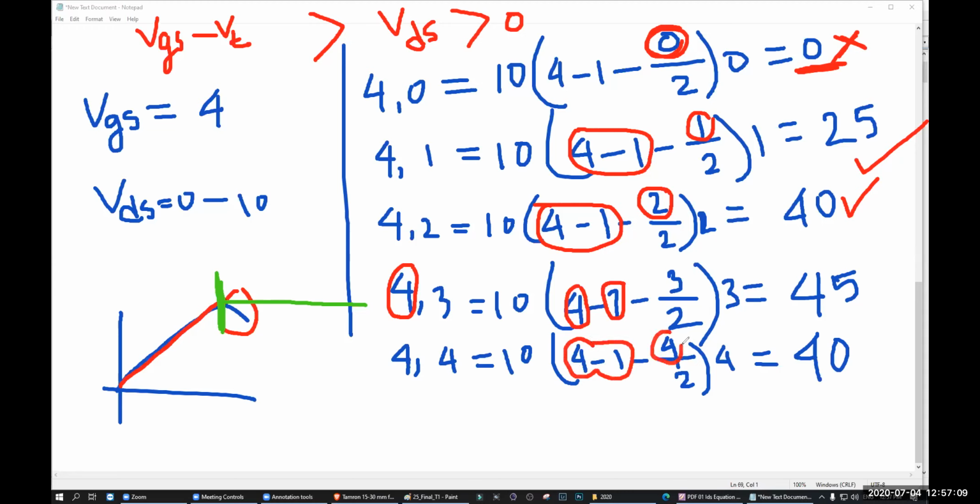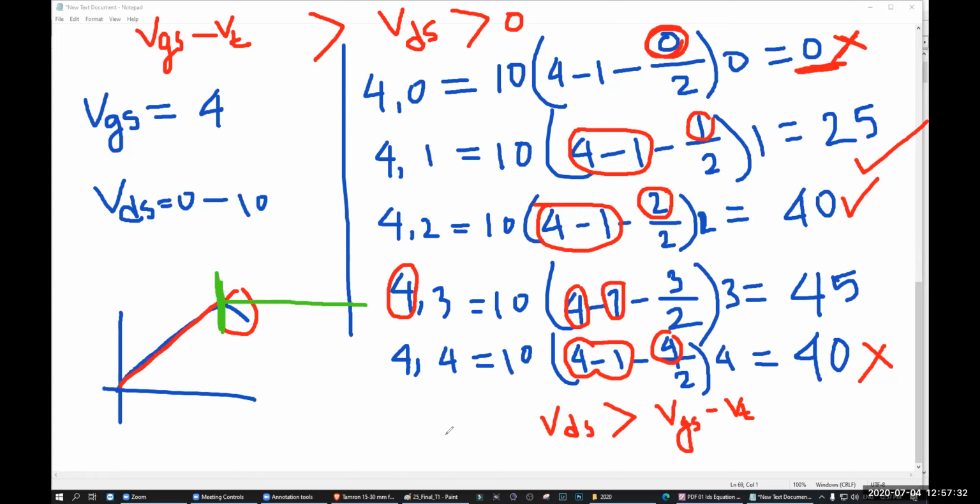What is this? 4. So which one is bigger? 4. So VDS is bigger. Your VDS is bigger than your VGS minus VT, right? So this is no longer our cutoff, no longer our linear. It is saturation. So you got my point, right?